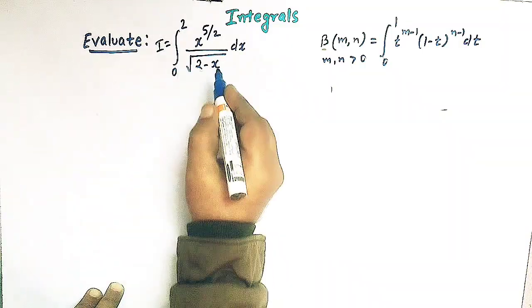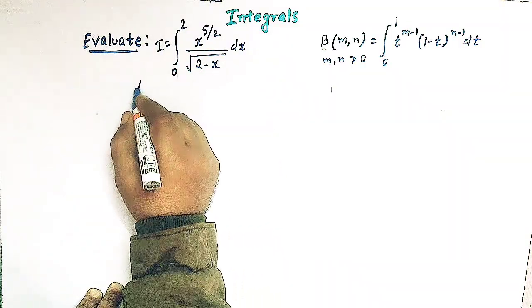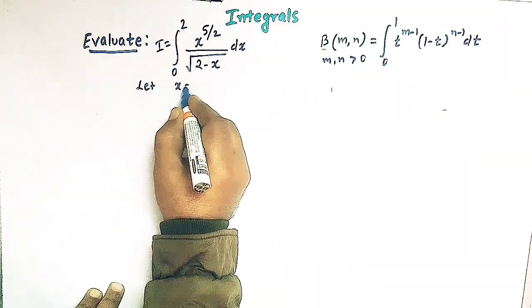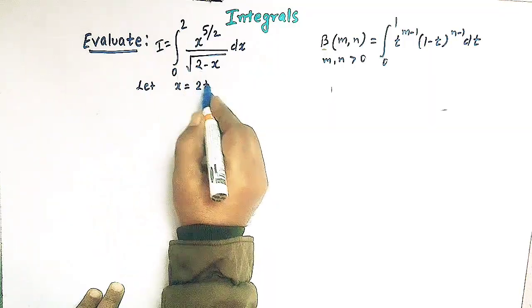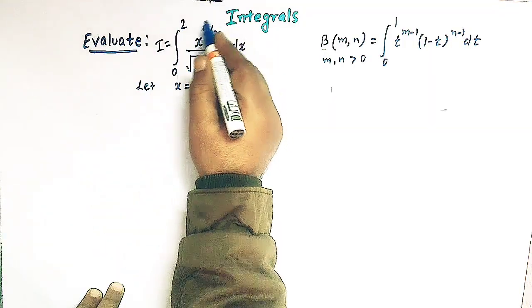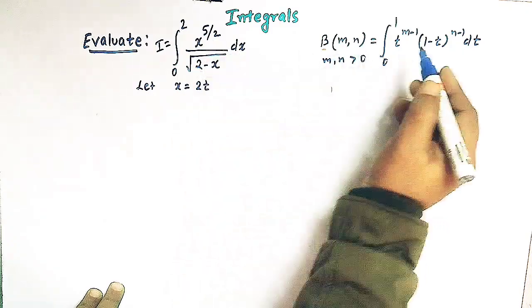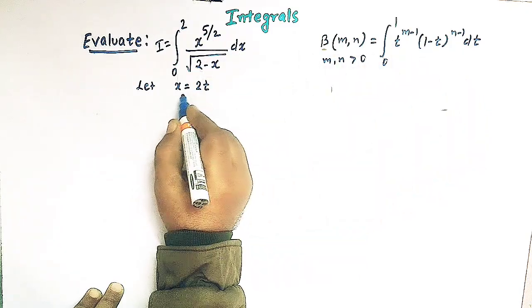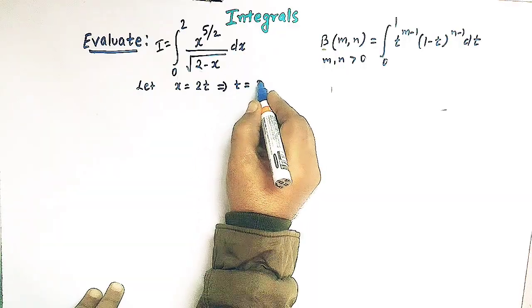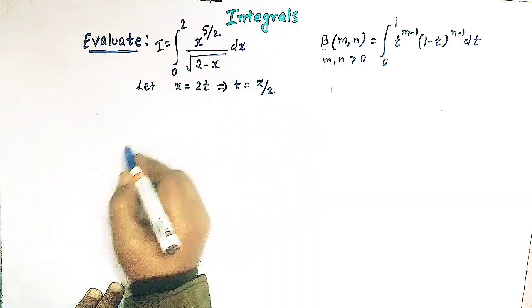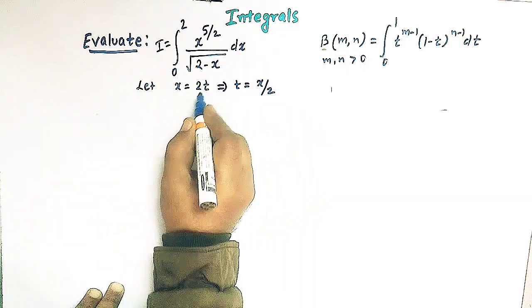So here we'll substitute x is equal to 2 times t, right? And using this substitution we'll convert this integral into this form. So here x is equal to 2t, and t can be written as x over 2. Now let us differentiate x with respect to t.